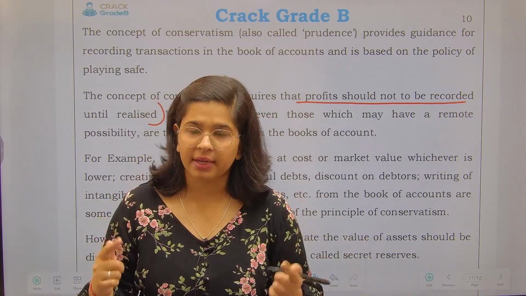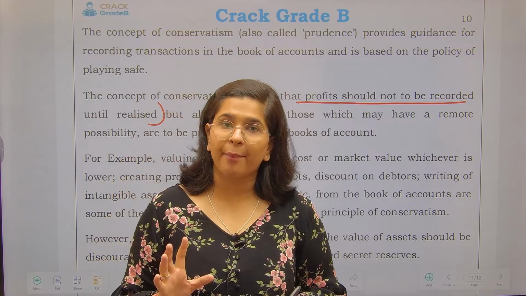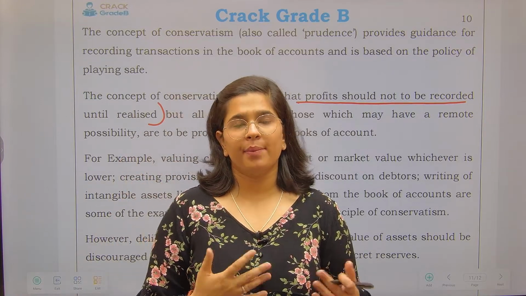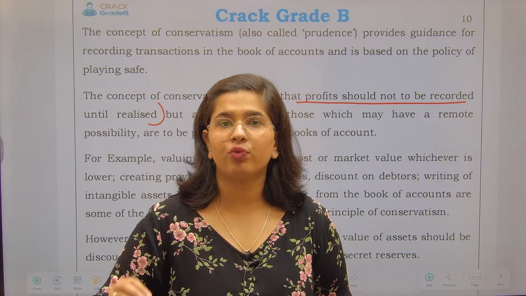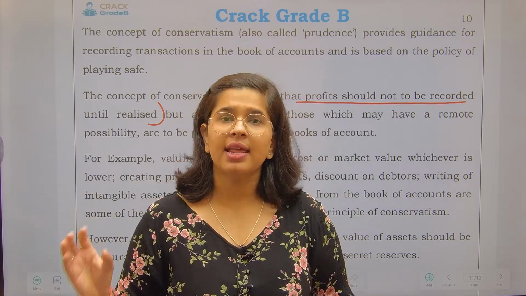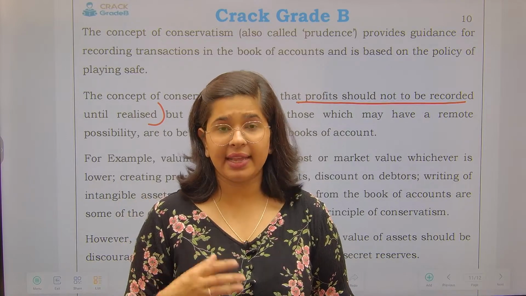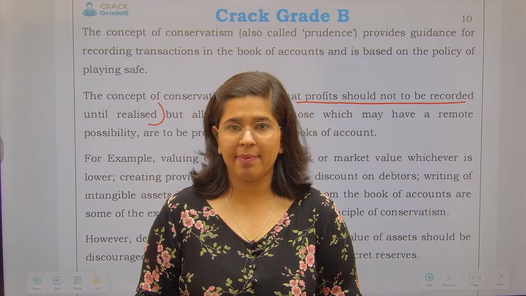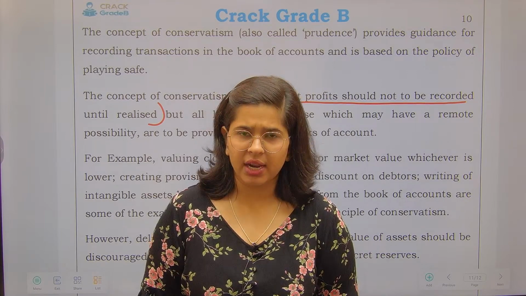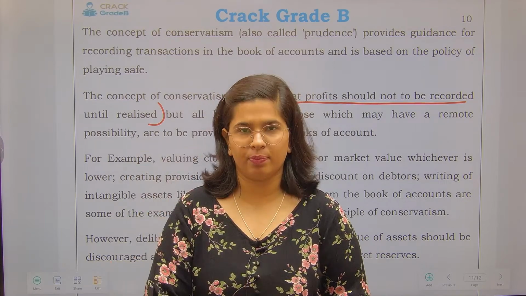I expect that this loss is going to happen. So what I do, I make a provision. That provision is called the provision for doubtful debts. Fine. In that I am saying that yes, I am expecting my debtors will not pay me 5 rupees out of the total 100 rupees.